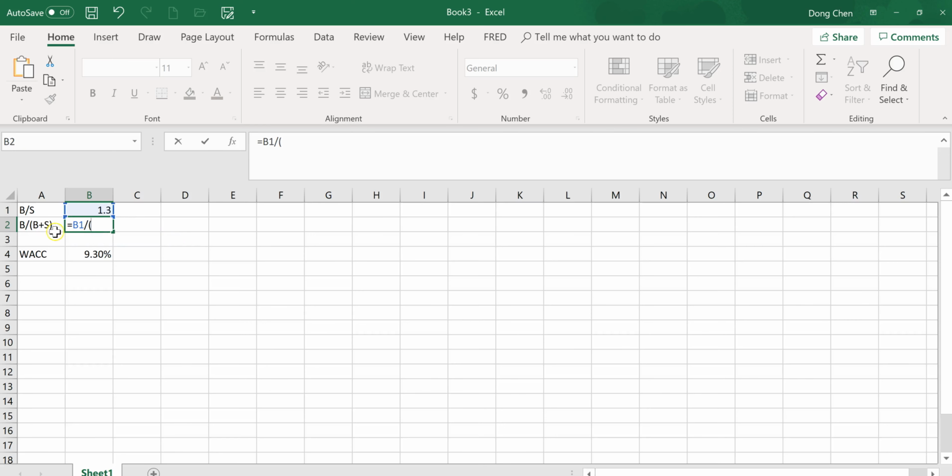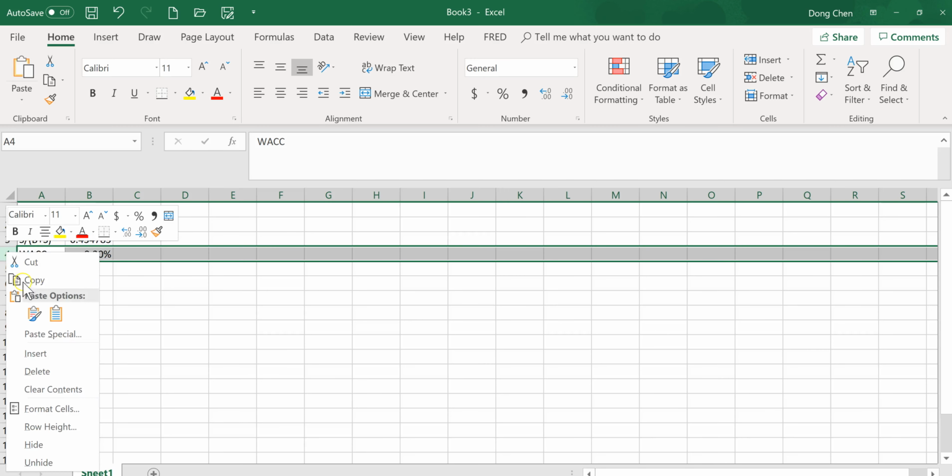So B over B plus S. Now B is 1.3, so click on this, and S becomes 1. So that's B over B plus S. And hence S over B plus S is simply 1 minus this, because these two have to sum up to 1.